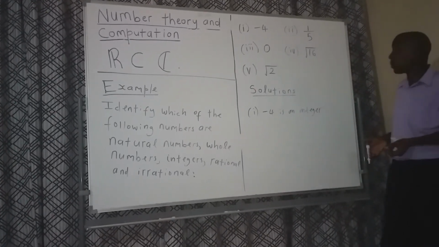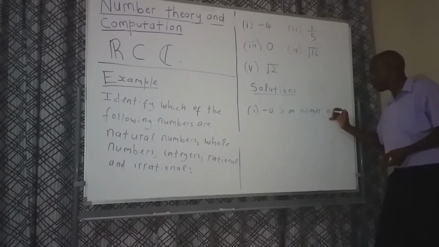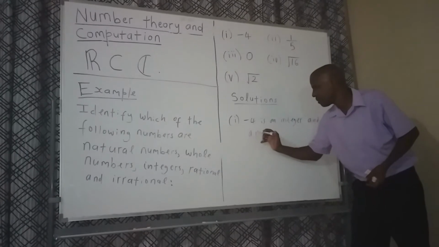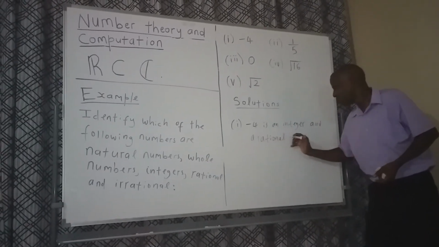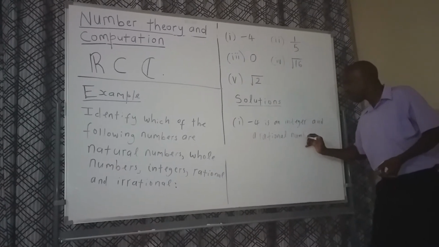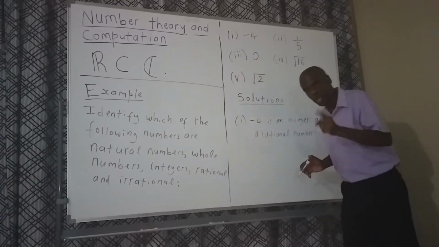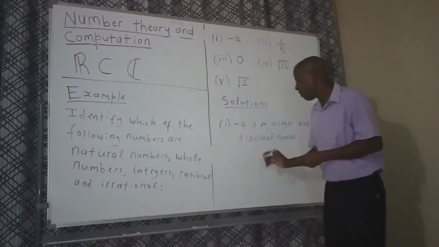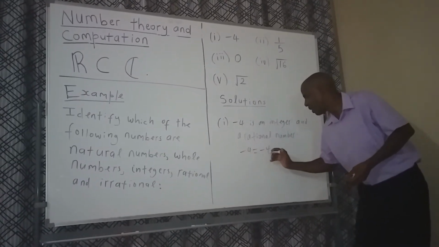It's also rational. Why? Because every rational number can be expressed as a fraction where the numerator and the denominator are integers. We can write -4 as -4 divided by 1.